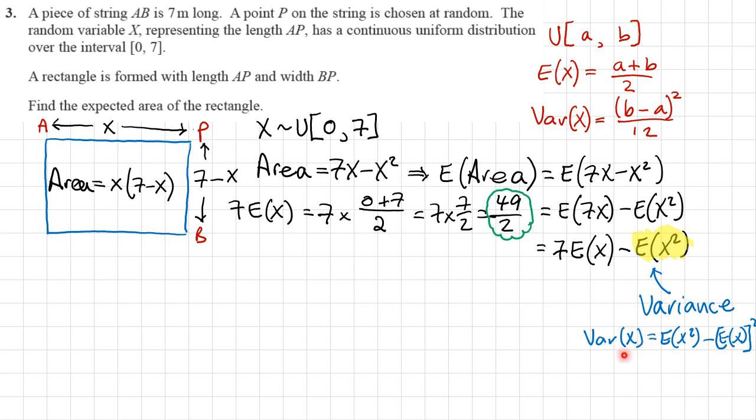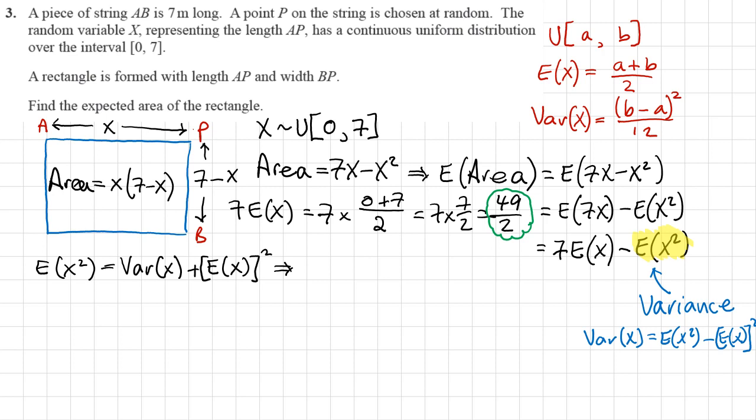And so I'm going to rearrange this variance formula to get E of X squared. So E of X squared is going to be the variance of X plus the mean squared, so E of X all squared. So we'll start with the variance of X, so that's going to be B minus A all squared over 12.